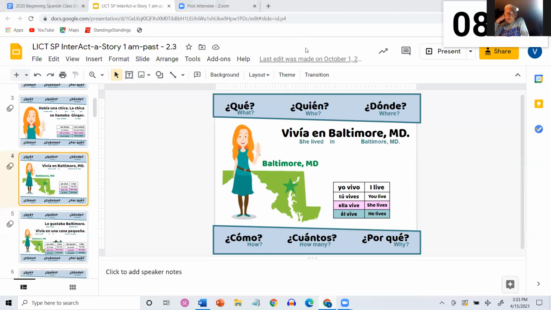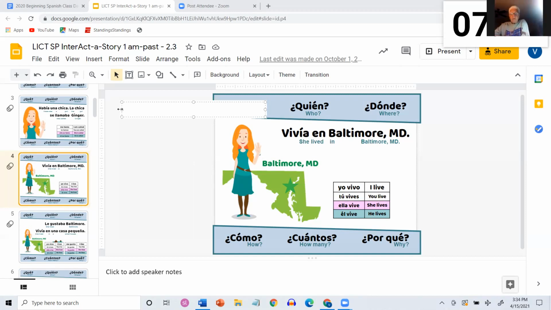Okay, I have a question. We're saying that Ginger vivía in Baltimore, and then we're turning around and saying she vivía in South Dakota. Are we saying vivía in Baltimore because she doesn't live there anymore and we just don't know it yet? We're talking about two different points in her life. She used to live in Baltimore, but then before Baltimore, she used to live in South Dakota. So just two different points in the past.